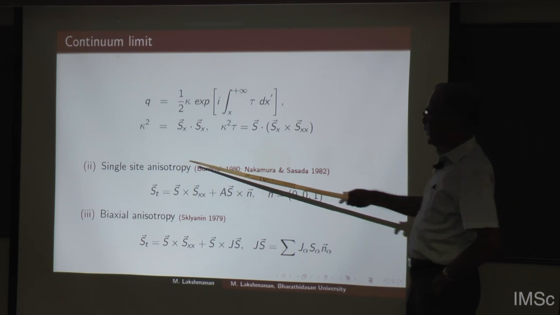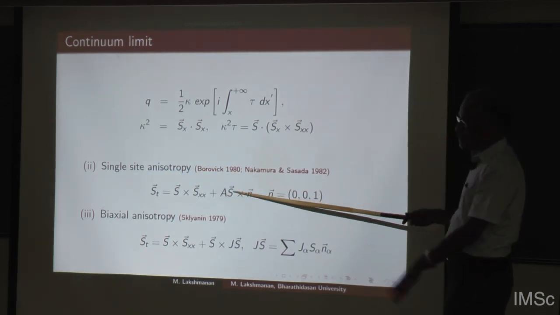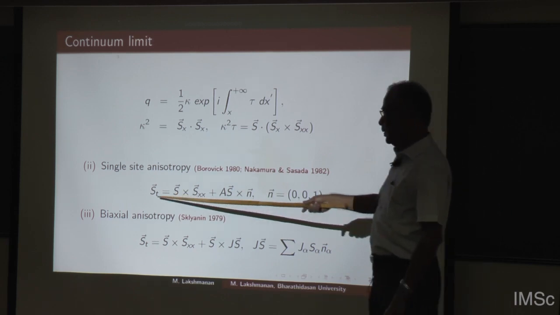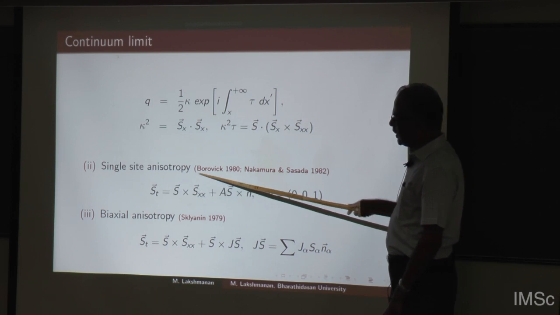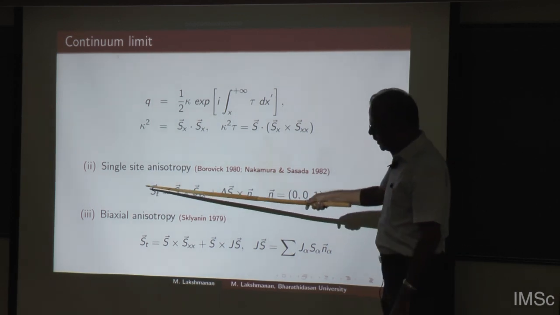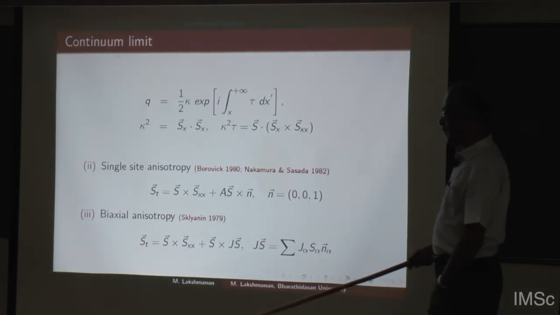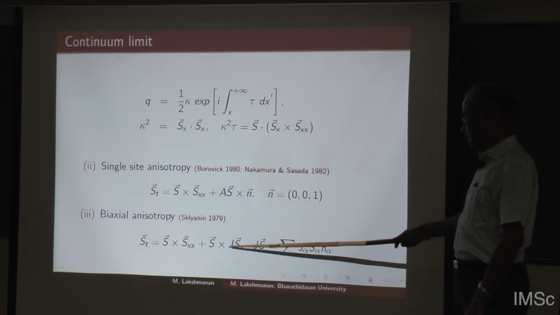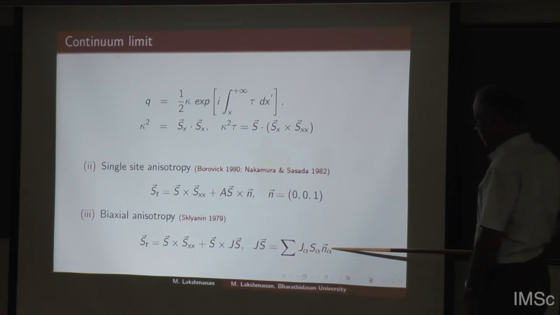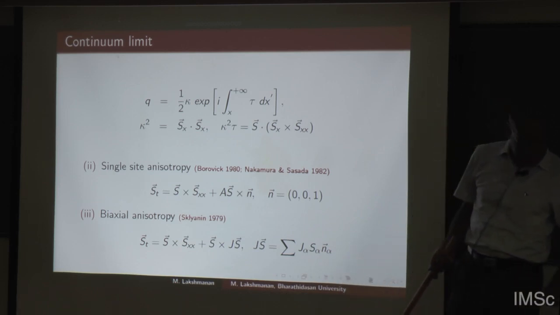For example, if you include a single site anisotropy, these are all in one spatial dimension and their time evolution, then in that case again you can gauge transform to a nonlinear Schrodinger equation which is equivalent to this equation. So this is also an integrable system. Biaxial anisotropy, for example, if you have this J alpha S alpha, so that is also a completely integrable soliton system.